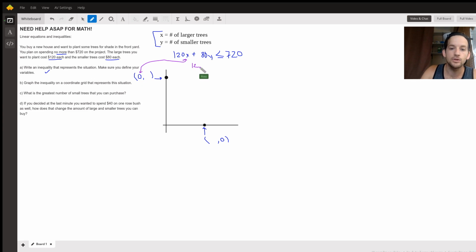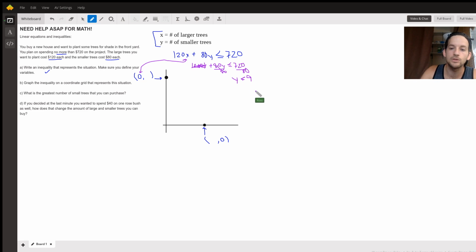So I'd have 120 times 0, which is just going to be 0, cancel out, plus 80y, because in this case, I don't know what the y value is. That's what I'm trying to find. And then that should be less than or equal to 720. Well, with this 120 times 0 gone, all that's left to do then is to divide by 80 on both sides. And that'll leave us with y is less than, oh, excuse me, this should be equal to.